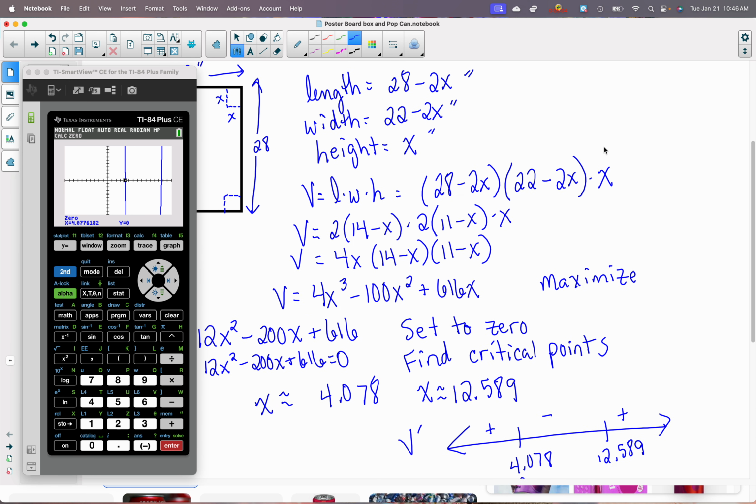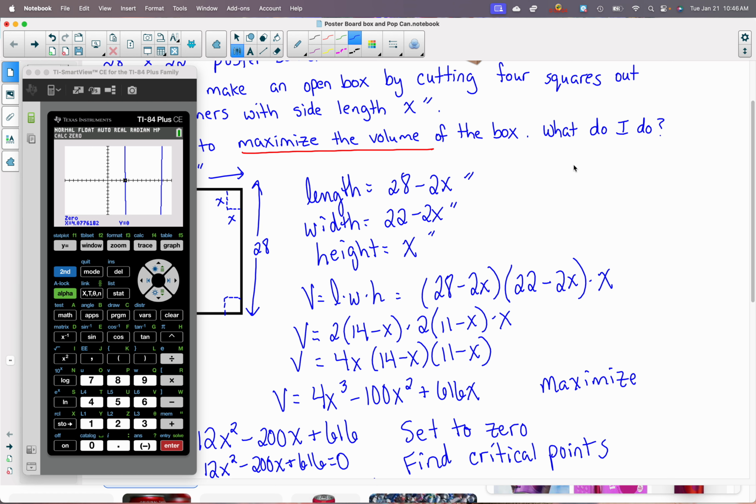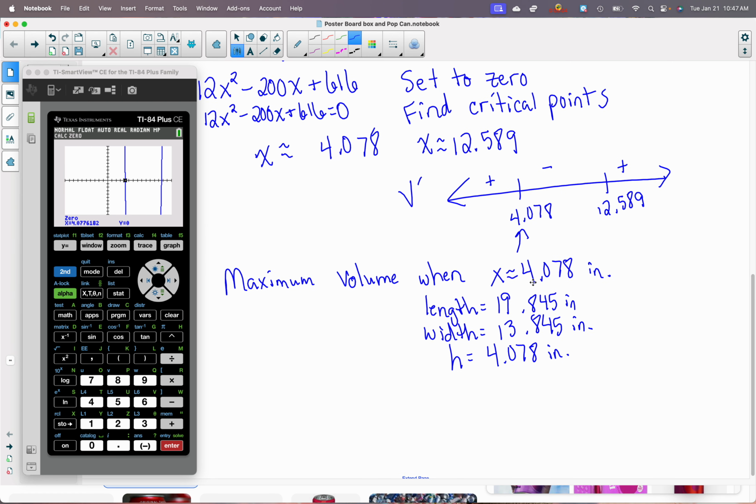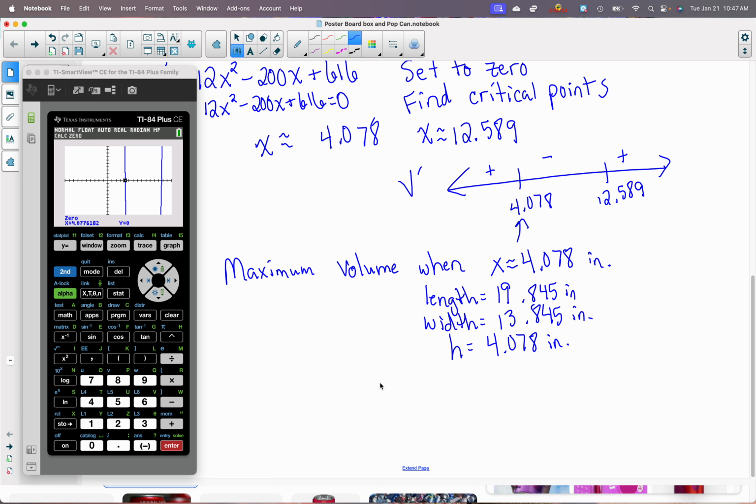And my question was to find the maximum, I wanted to know what is the maximum volume of the box. So if I multiply length times width times height, I get 1,120.310 inches cubed. So that would be my maximum volume of the box.